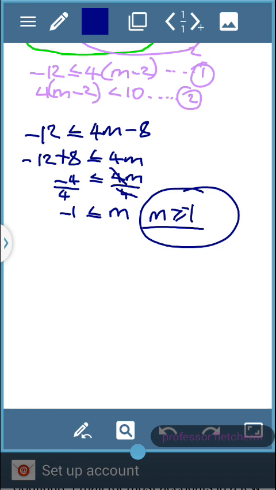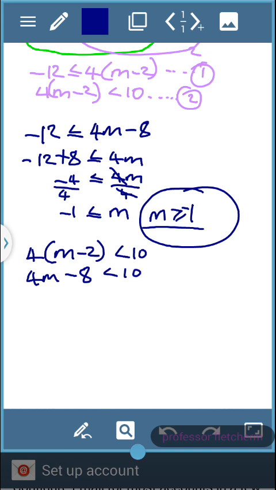From the second inequality, it's 4(m minus 2) smaller than 10. Simplifying, 4m minus 8 is smaller than 10. So 4m is smaller than 10 plus 8, which is 18.